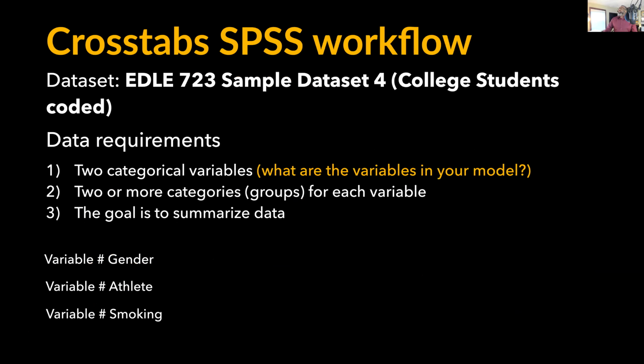So what we're going to do quickly is take a look at the SPSS workflow data set for good old college students. And what we want to do is summarize the variables by each other. All right.